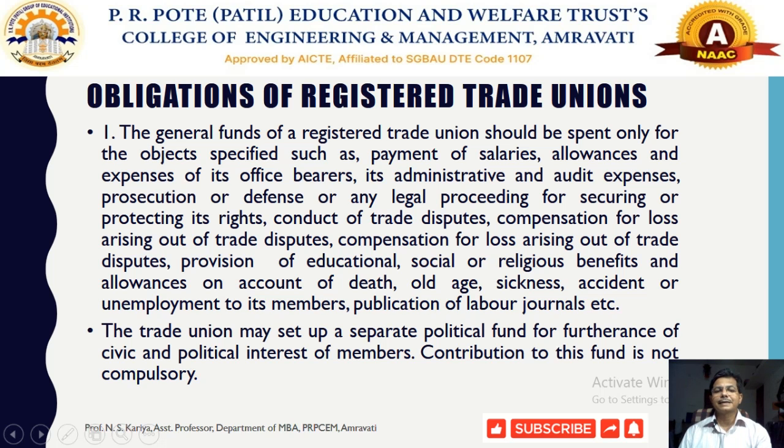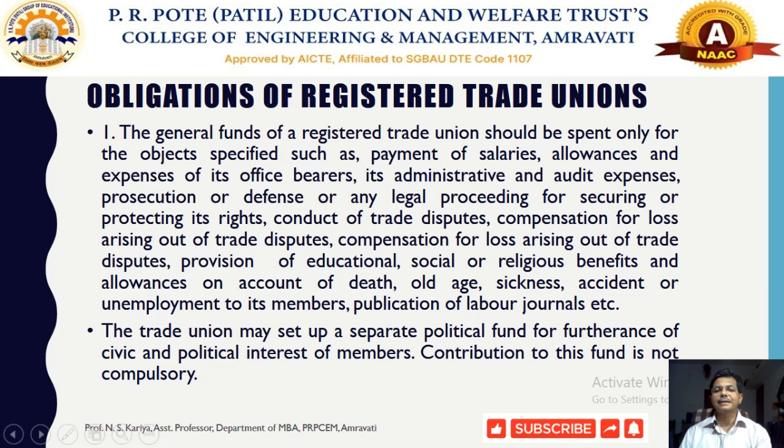Or protecting its rights, conduct of trade dispute, compensation for loss arising out of the trade dispute, provision of educational, social and religious benefit and other allowances on account of death, old age, sickness, accident, unemployment to its members, or publication of labor journal, etc.